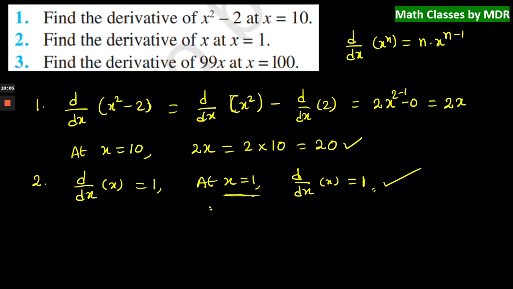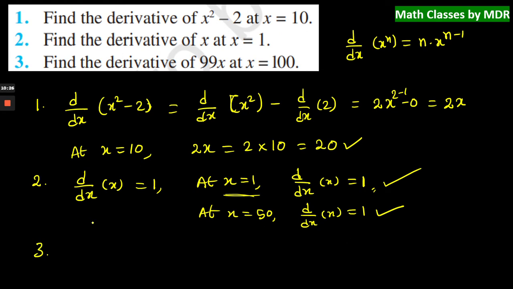Even at x is equal to 100, or some 50, it remains the same. d by dx of x is 1 only. Right? You can take x equals 150, 120, 130, any number. Irrespective of that, it remains constant because on the right hand side, we do not have any variables, right?